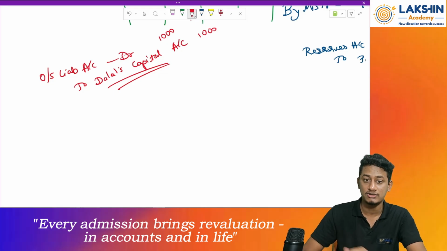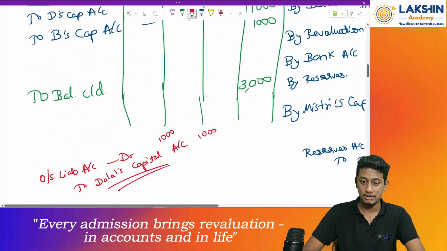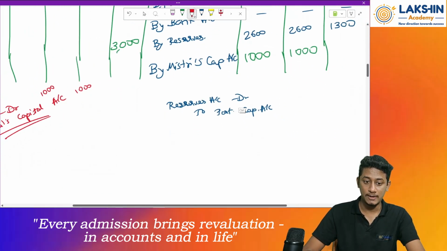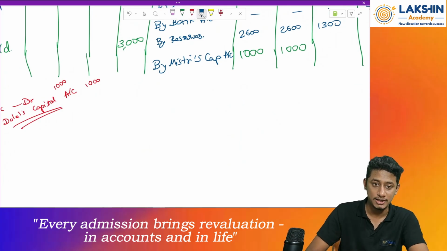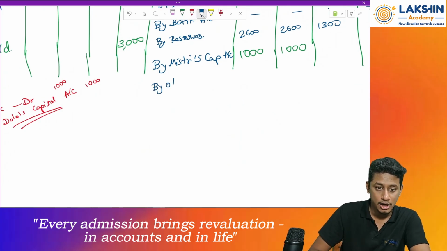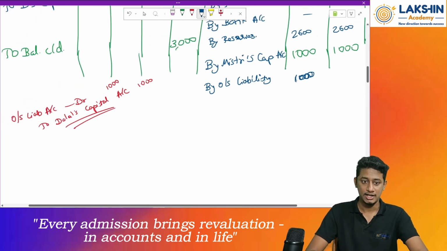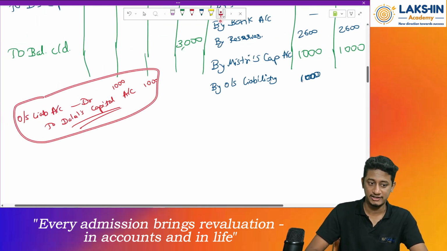So in my partners' capital account, on the debit side, what to do? Sorry, on the credit side, what entry to pass? By outstanding liability. Rupees how much? Rupees 1,000 is the liability. What is reduced? Right? See, if you have to see the entry, you can just verify the same.